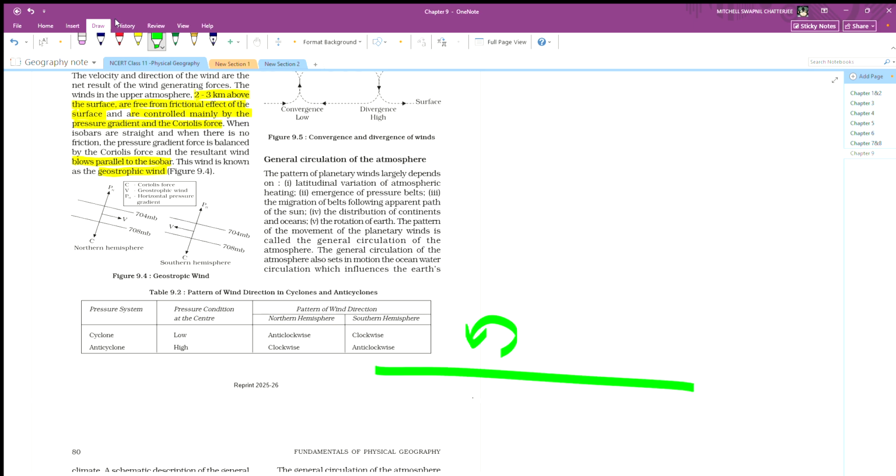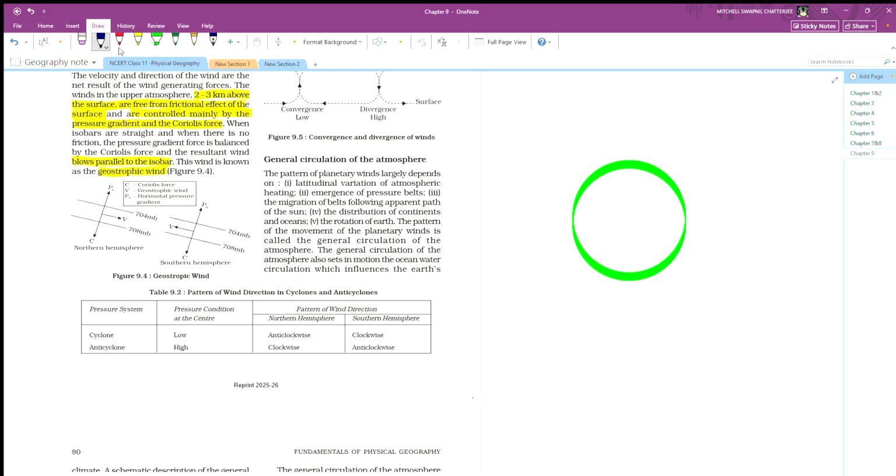Imagine this is the Earth, and it is divided into northern hemisphere and southern hemisphere. Cyclones occur in the northern hemisphere, where the pressure is low, and the wind is anti-clockwise, in this direction.